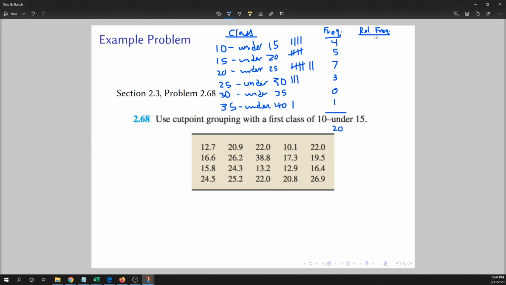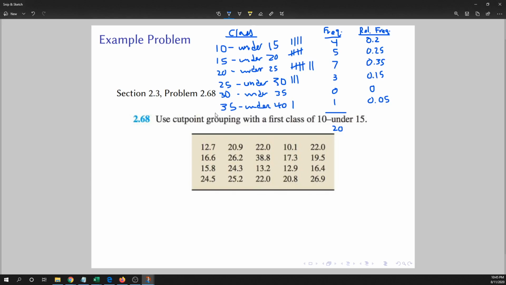All right, and then to get the relative frequencies, we would just divide. 4 divided by 20 is 0.2. 5 divided by 20 is 0.25. 7 divided by 20 comes out to be 0.35. 3 divided by 20 is 0.15. 0 divided by 20 is 0. 1 divided by 20 is 0.05. All right, and there are our relative frequencies when we do that.